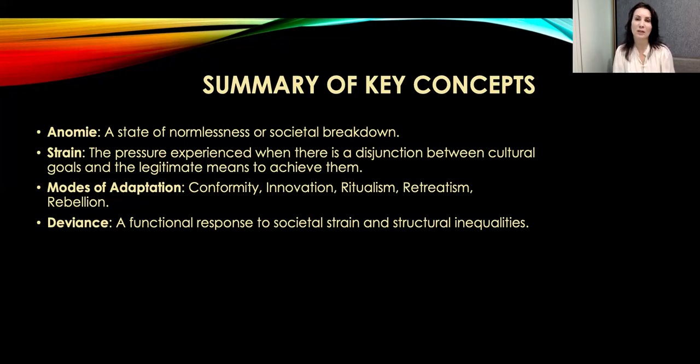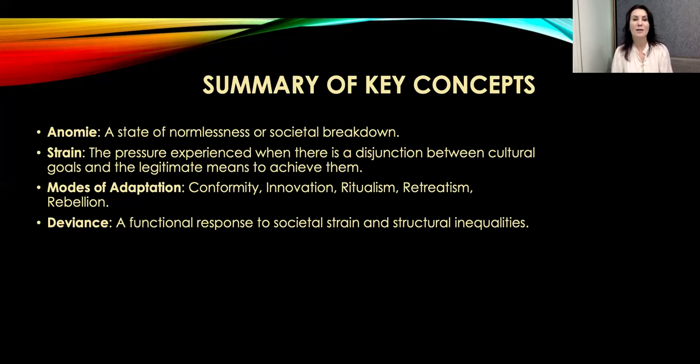However, structural functionalism is criticized for not being able to explain social change well. Anomie is one of the concepts introduced by Emile Durkheim, a state of normlessness or societal breakdown due to rapid changes happening in society.